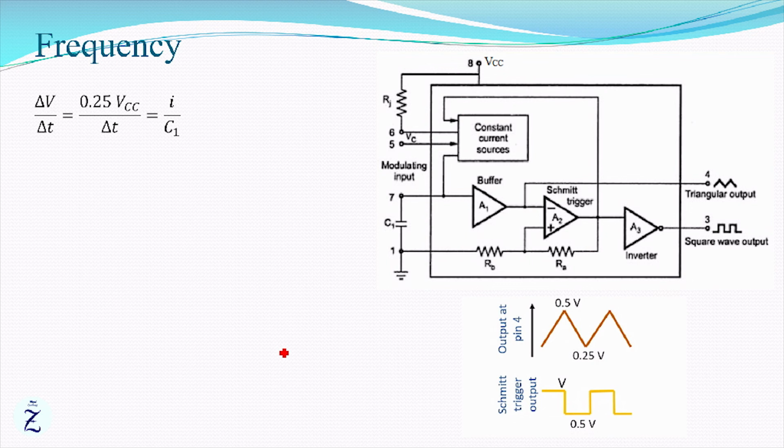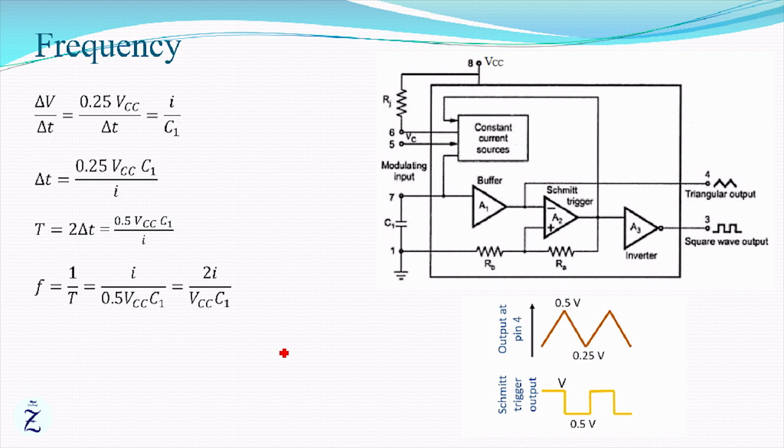Then delta t is equal to 0.25 into VCC into C1 divided by I. So the time period T is equal to 2 into delta t, that is 0.5 into VCC into C1 divided by I. Then frequency is equal to the reciprocal of the time period, which is equal to I by 0.5 VCC into C1. 1 by 0.5 is equal to 2, hence the frequency becomes f is equal to 2I divided by VCC into C1.